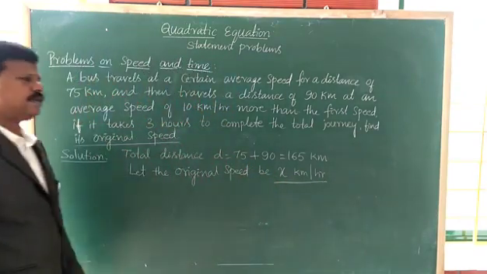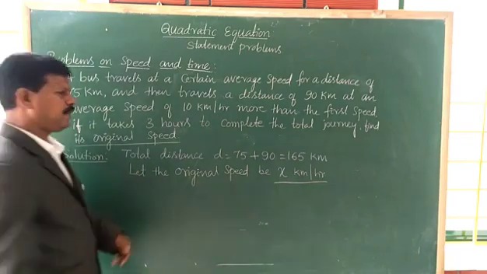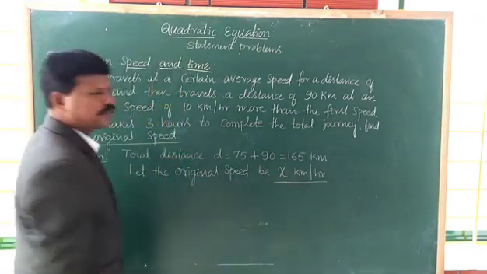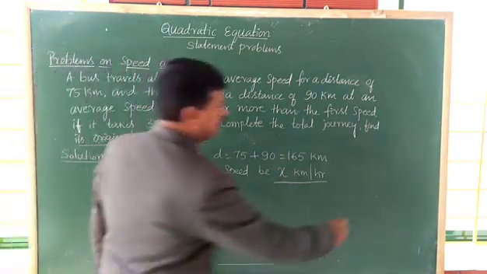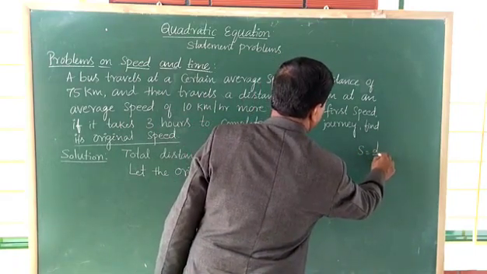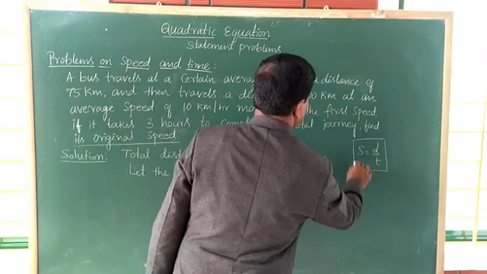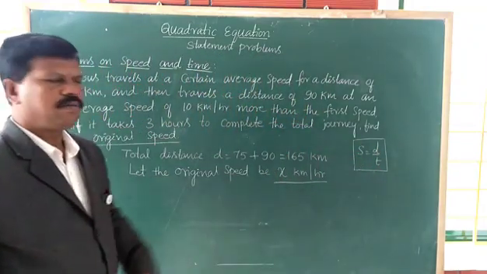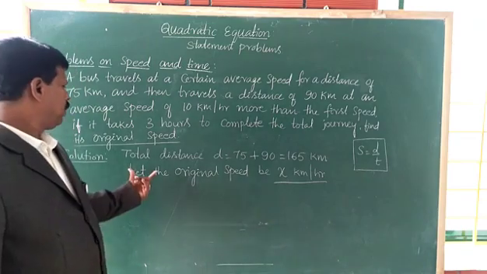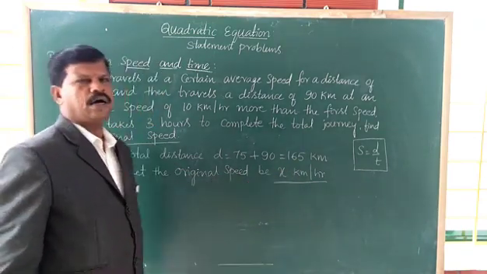Let us take the original speed of the bus. So here you know that in physics, s is equal to d by t. That means speed is equal to distance traveled by time taken.